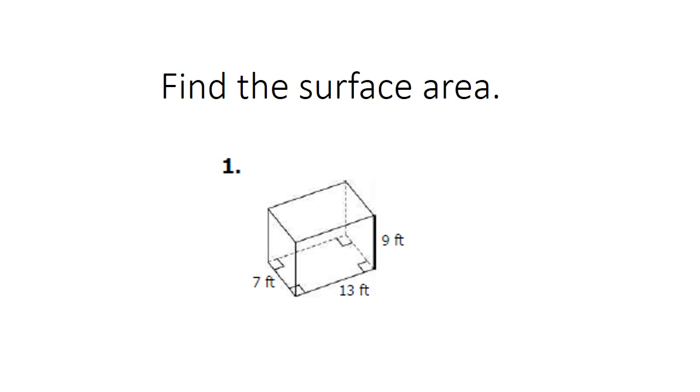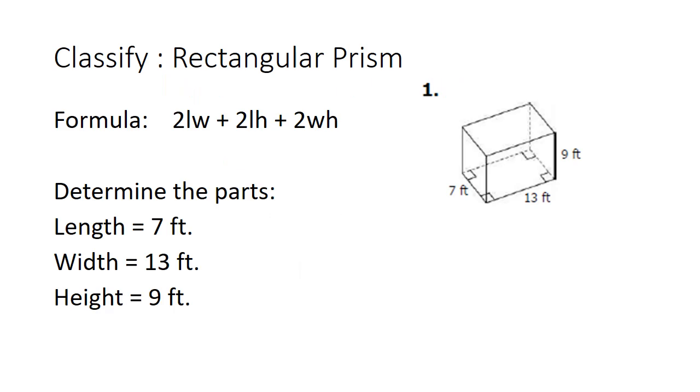So as we look at this particular diagram, we can see that we now have measurements. So we're going to find the surface area of this particular shape. Our first step is to classify, and this is a rectangular prism.